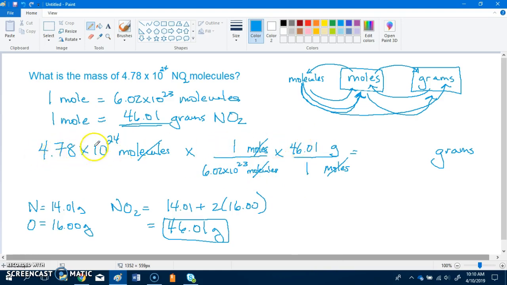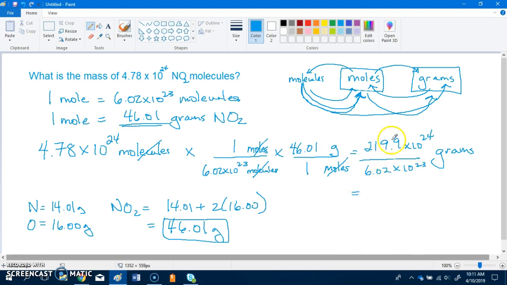So 4.78 times 10 to the 24 times 1 times 46.01. That's equal to 219.9 times 10 to the 24. And then on the bottom, we're going to multiply across 6.02 times 10 to the 23 times 1. So that's 6.02 times 10 to the 23 grams.